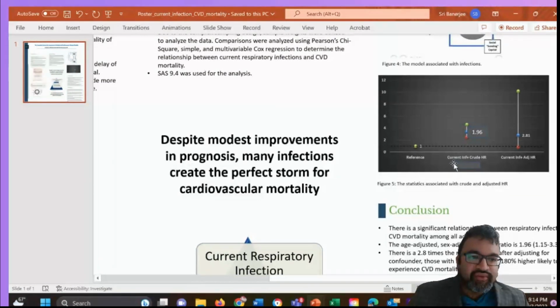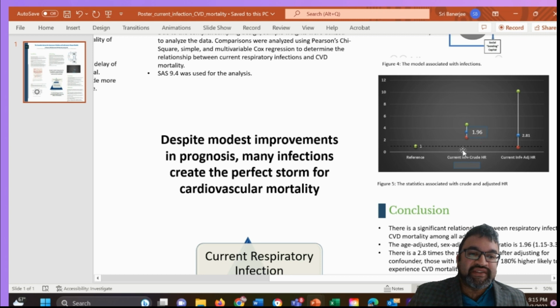The crude infection to non-infection hazard ratio for cardiovascular mortality is greater than one, and it's 1.96, and so there's the lower confidence interval and the higher confidence interval. Now there's an error in the lower and higher confidence interval. This value is correct, 1.96.